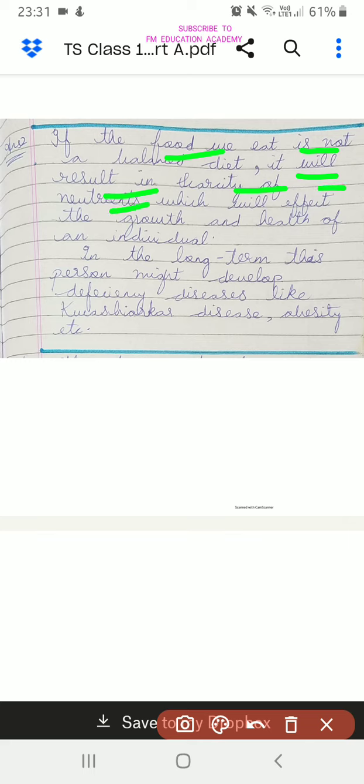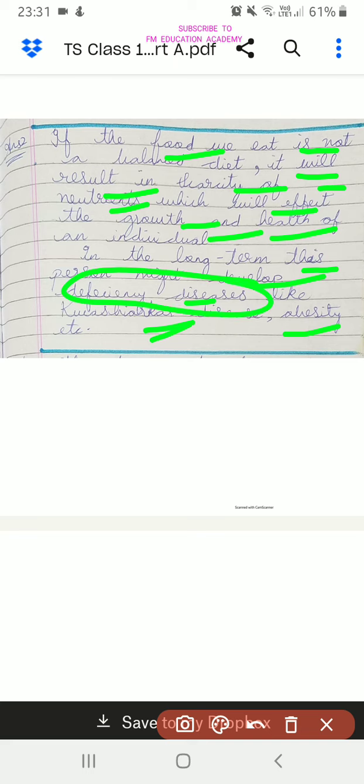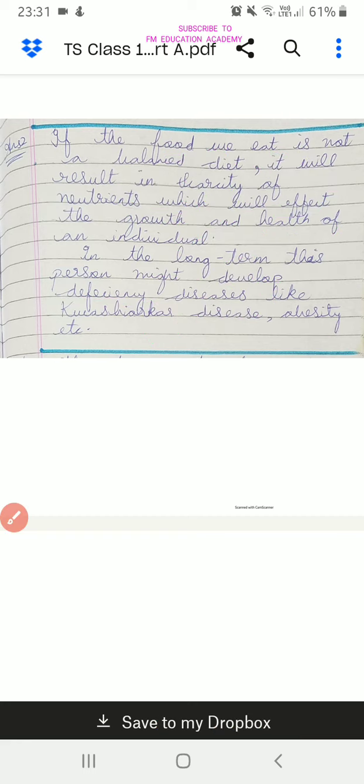That is, you will get deficiency in nutrients, and that will affect the growth and health of the individual. In the long term, this person might develop deficiency diseases like obesity in adults or Kwashiorkor disease in children. That will lead to deficiency diseases and affect the growth and health of individuals, and also scarcity of nutrients. These points you have to write for this answer.